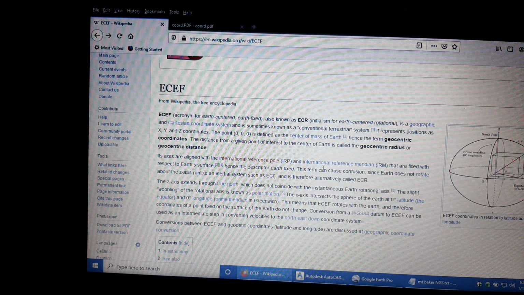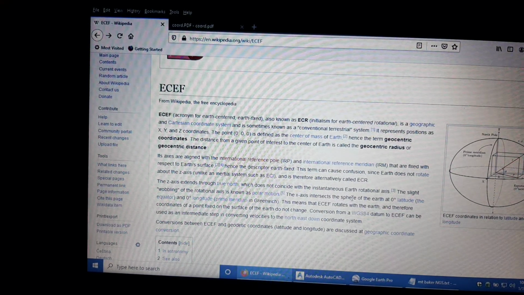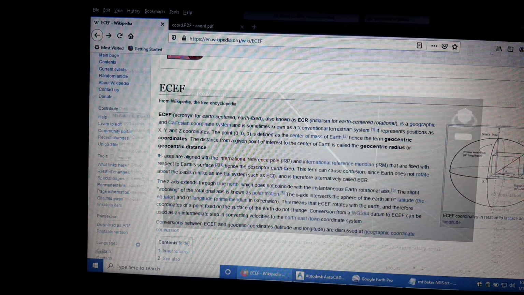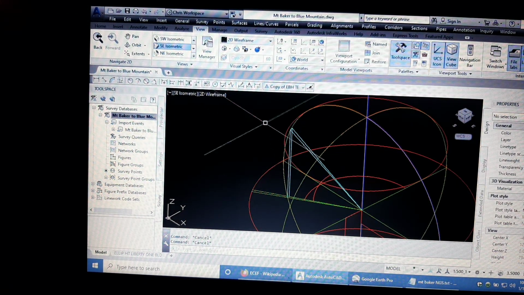It's the center Earth position. It's not rotated. It's the center of the mass of Earth. So that's why it doesn't hit the center of the Earth, because the center is not the center of the mass of Earth. So, anyways.